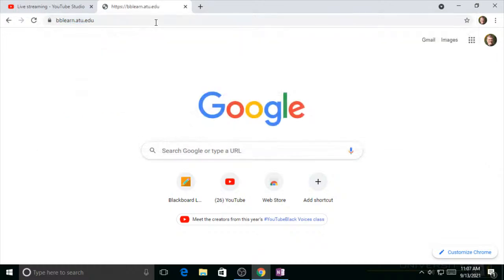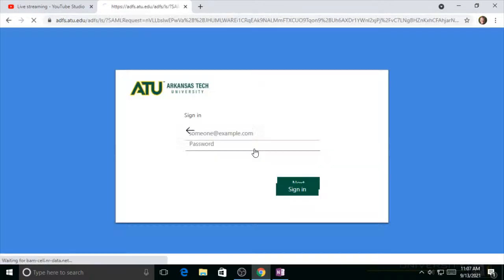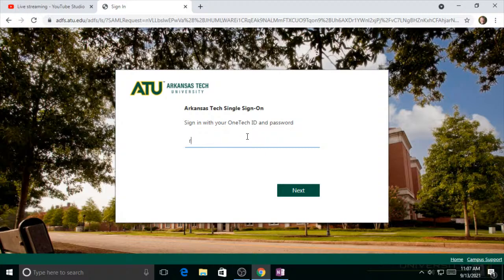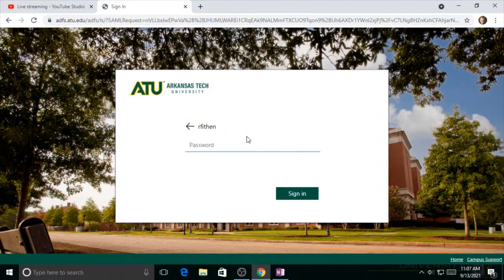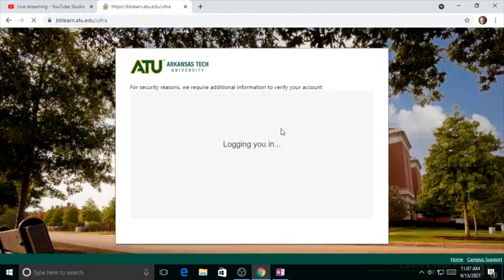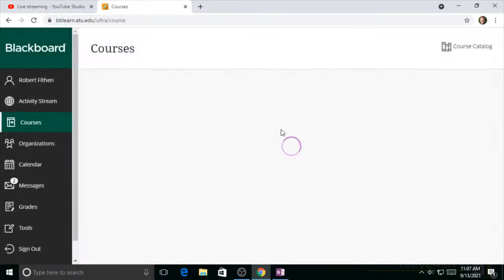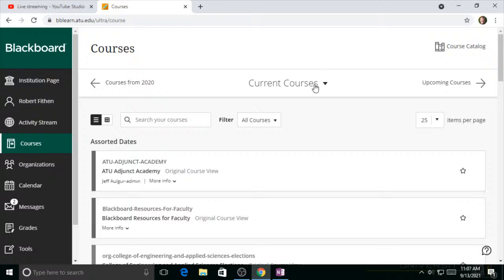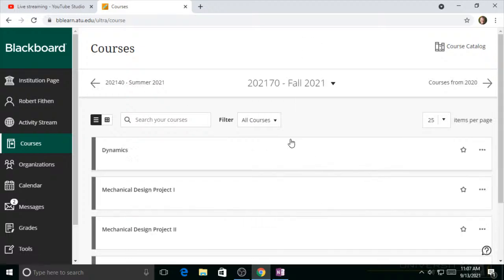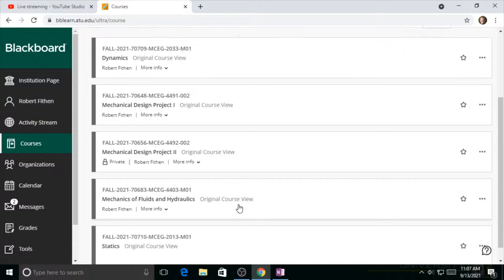Okay, log in. Okay. For some reason, we're at the bottom.